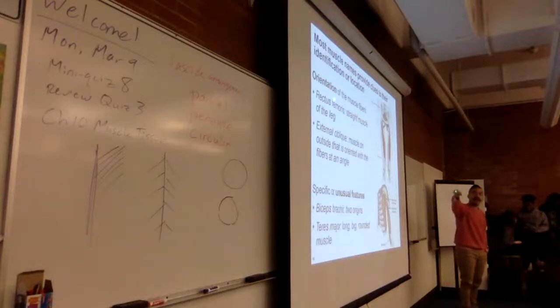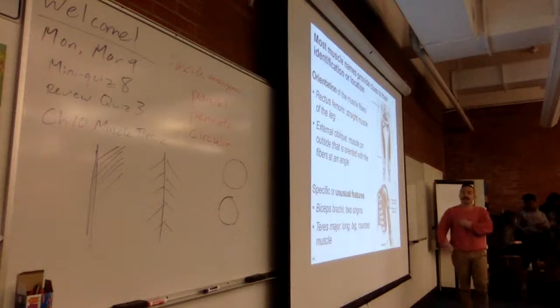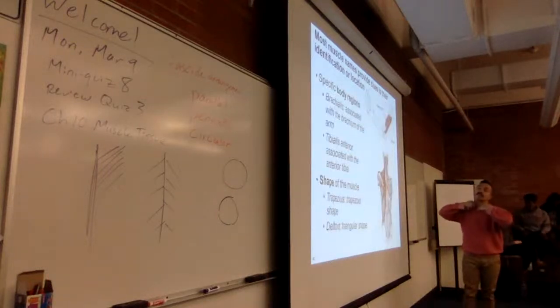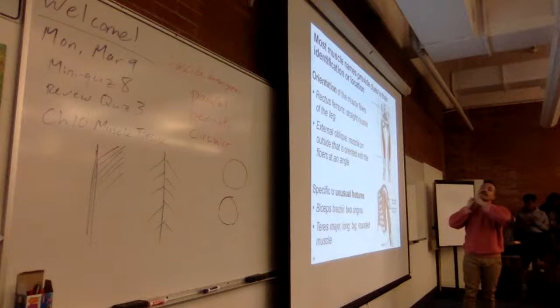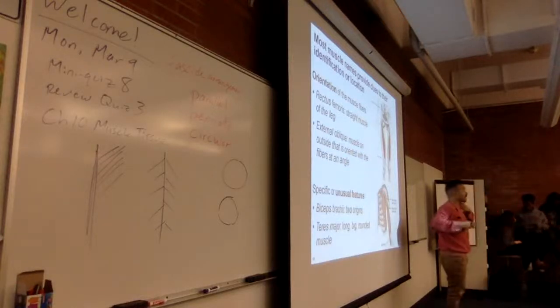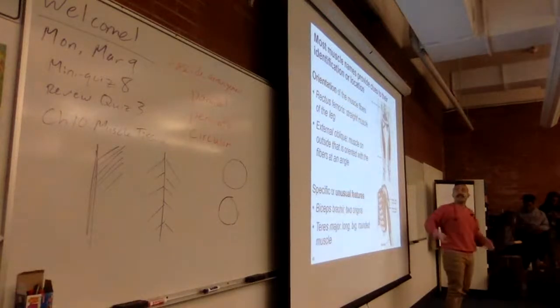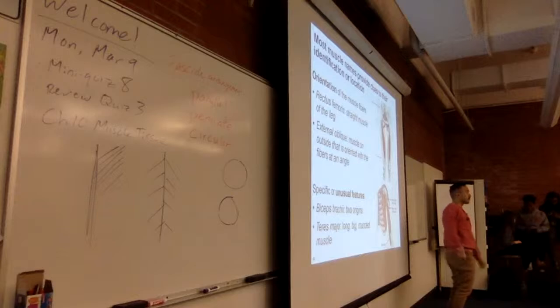So it's in the femoral region and it appears straight. Or external oblique. External means towards the outside, more superficial. Oblique means off to the side. That's one of your oblique abdominal muscles.